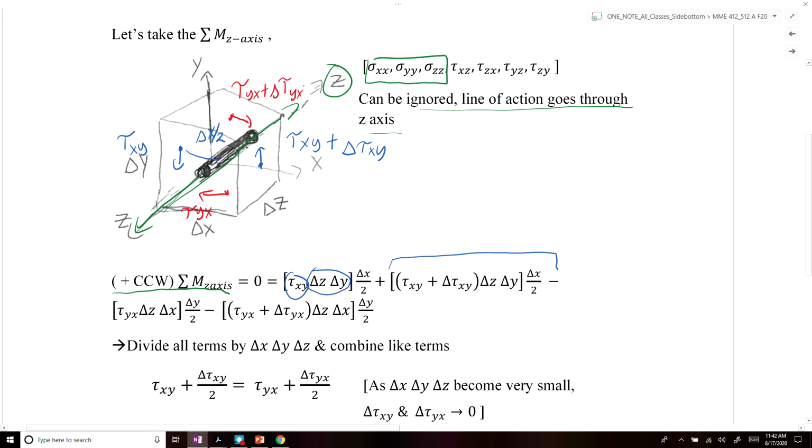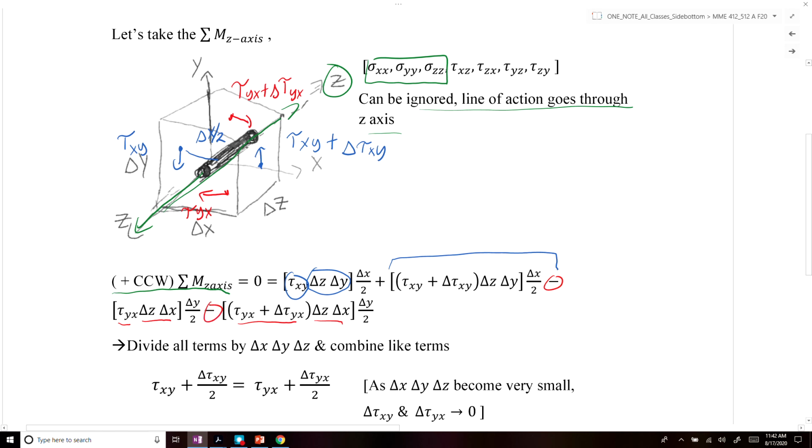If we multiply those shear stresses by the differential areas, we would get our forces. Since if we use the right-hand rule, we notice that these would create a clockwise rotation about the z-axis, it's going to be a negative moment caused by those stresses.